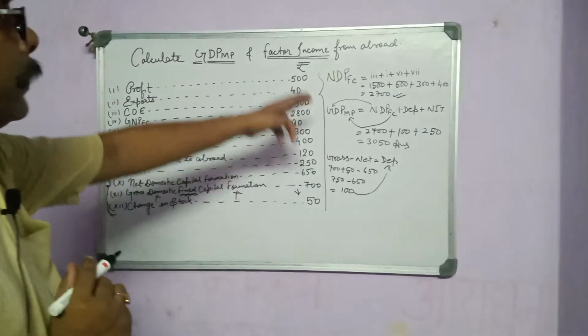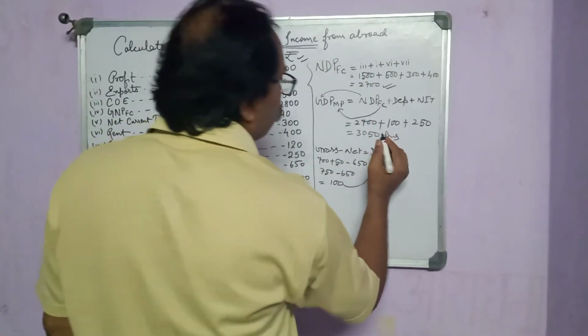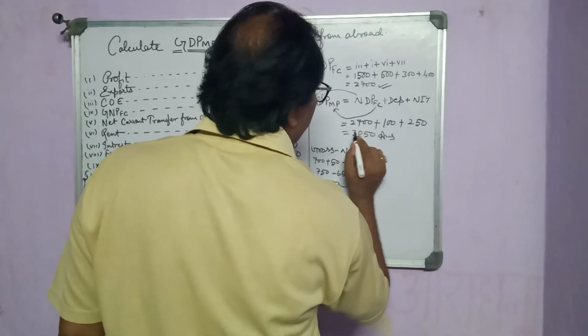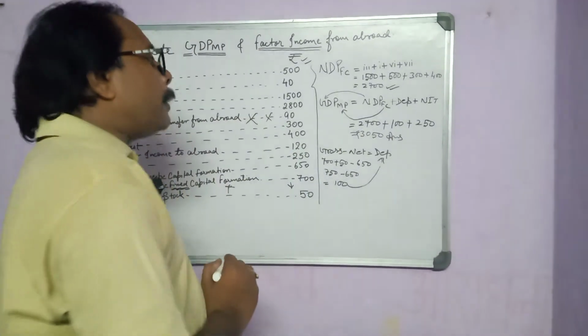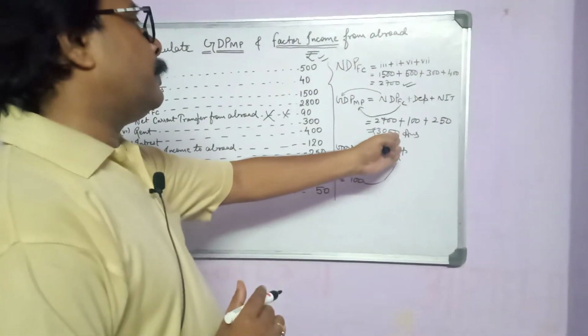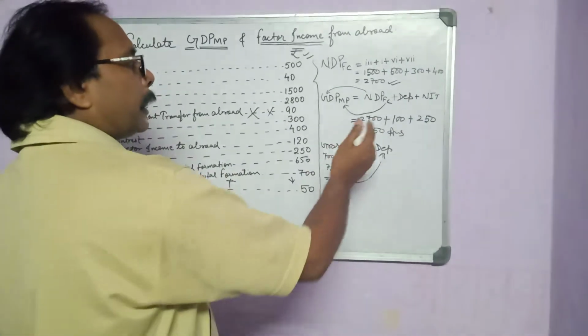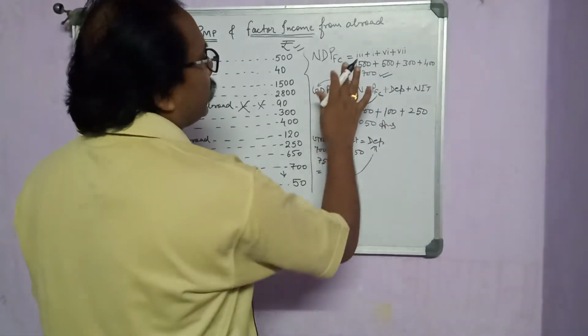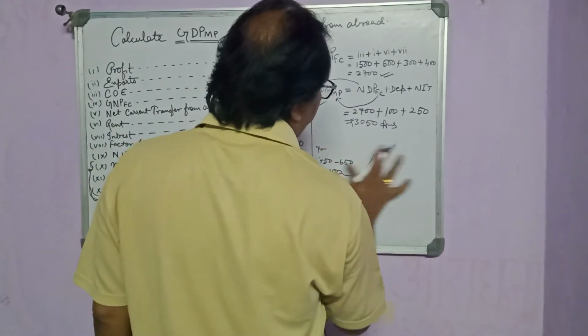If we have taken rupees, the answer will also be in rupees, 3050. Or if the unit is lakhs, we write lakhs. If it is Arab, we can write Arab. In this way we have calculated GDP at MP.